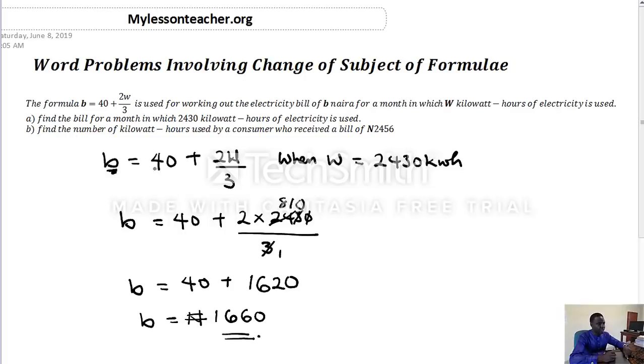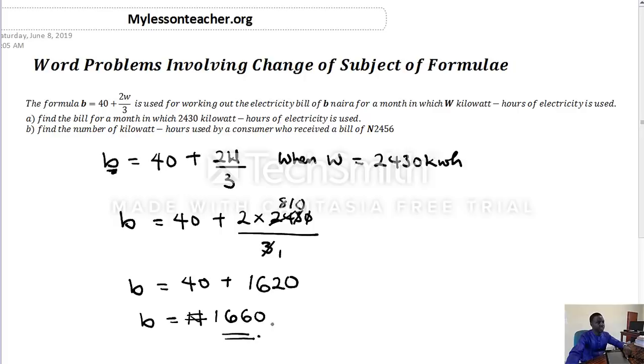So if the cost of electricity bill is 40 plus 2 times W/3, and you used up 2,430 kilowatt hour in that month, this will be the required amount you have to pay as your light bill.